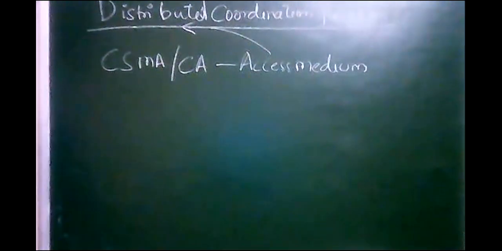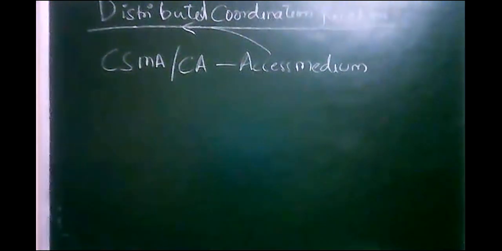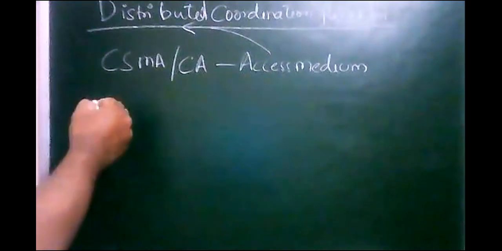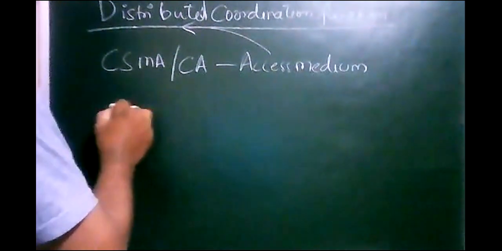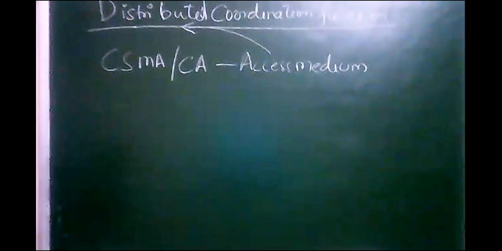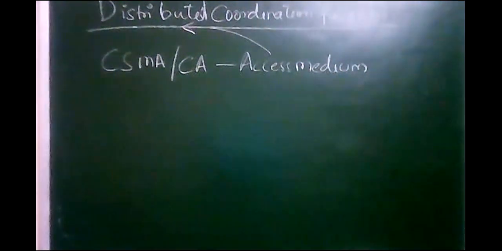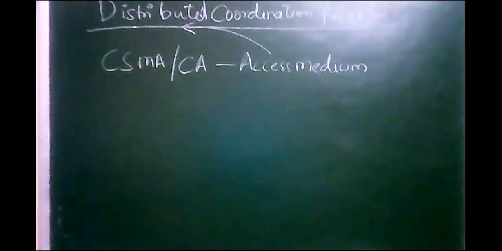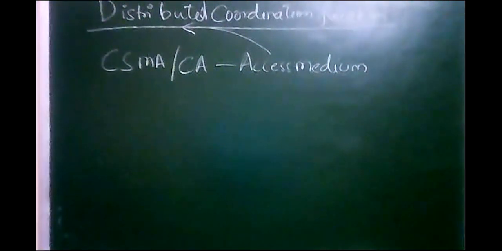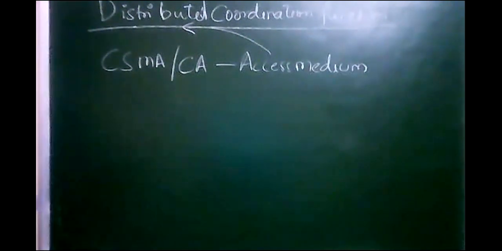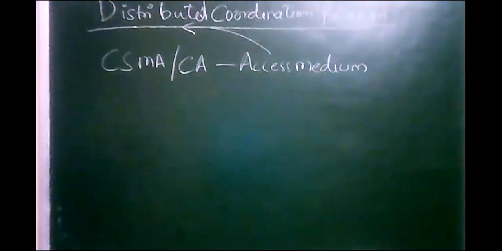So why is distributed coordination function not using CSMA/CD? Because it does not have the capacity to detect collisions. That's why it will not use CSMA/CD as its access medium. The access medium is the channel which is going to be accessed.